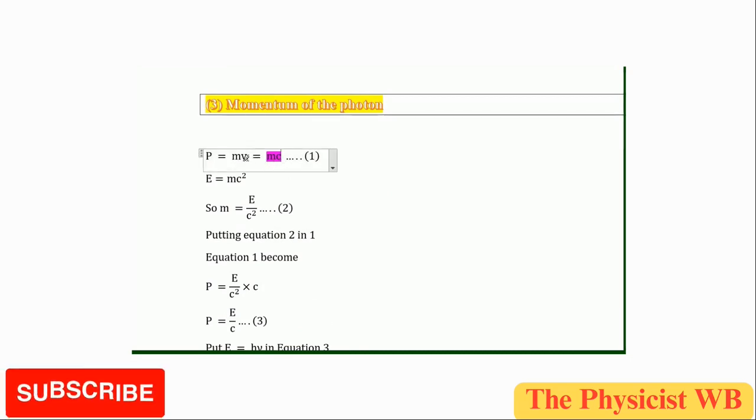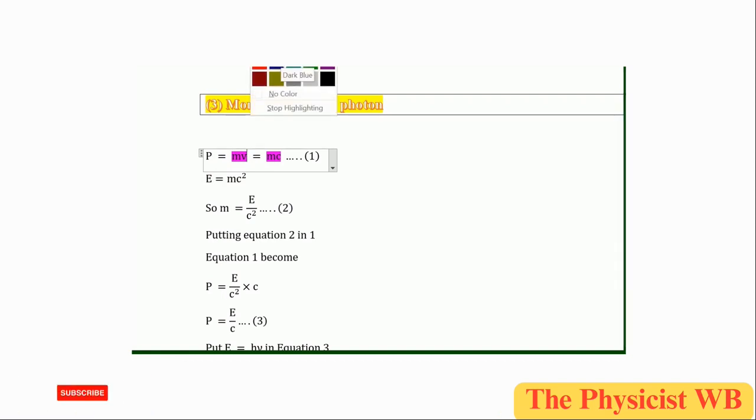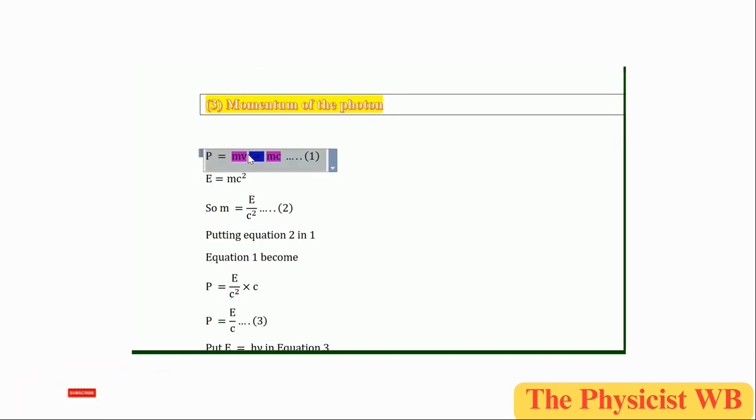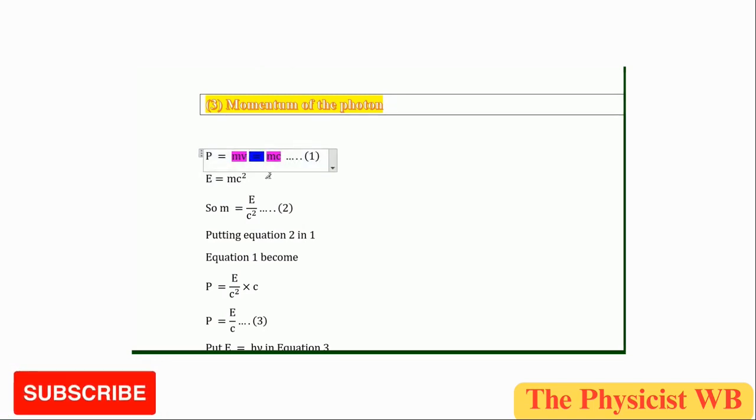Next, we have to determine momentum. We know that momentum is the product of mass and velocity. And we also know that this v is equal to c.